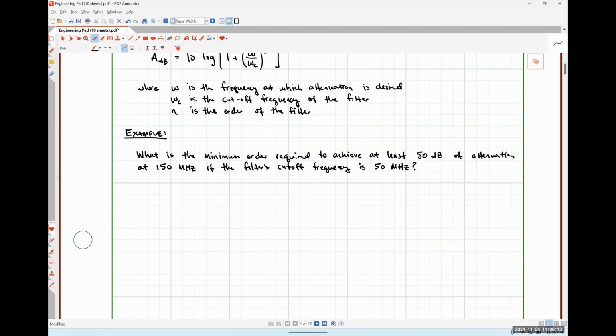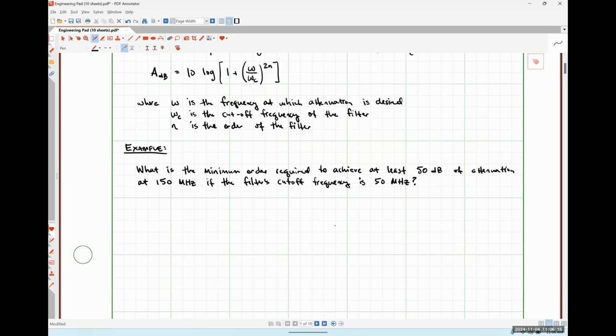So using the equation from above, our attenuation in decibels is 50 dB. And this is going to be equal to 10 log of 1 plus 2 pi times our frequency of interest.